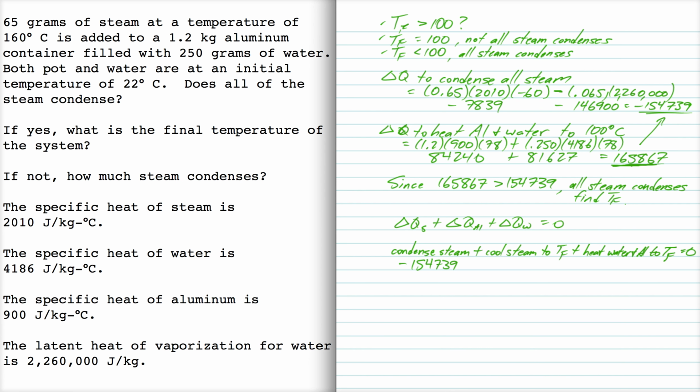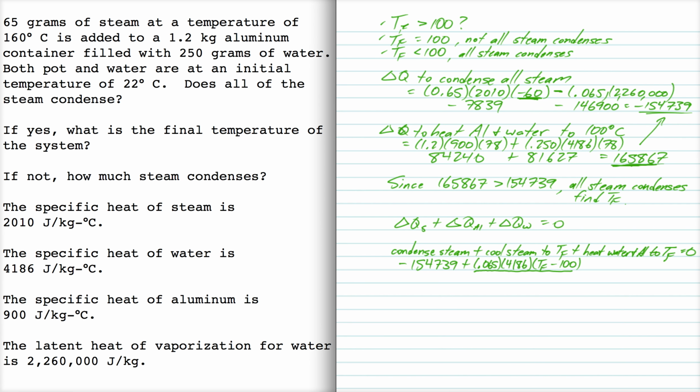To cool the steam to the final temperature, we're going to use this, 0.065. Now the steam is water, so it's 4186, and then we use TF minus 100. Okay, our initial temperature for this step is 100. Right? We already went down to 100 up here. We went from 160 down to 100. You cannot use 160 here.